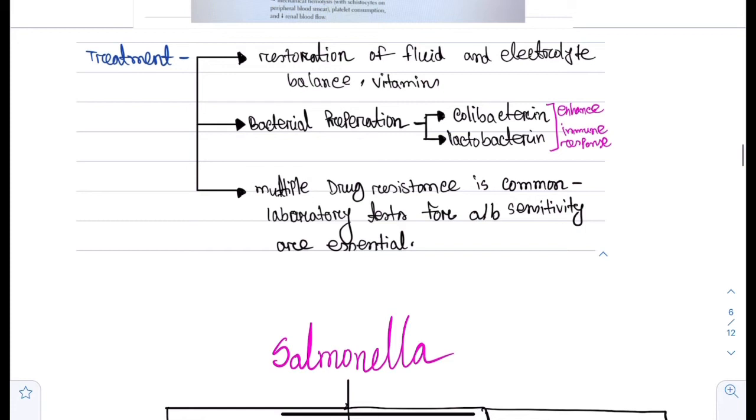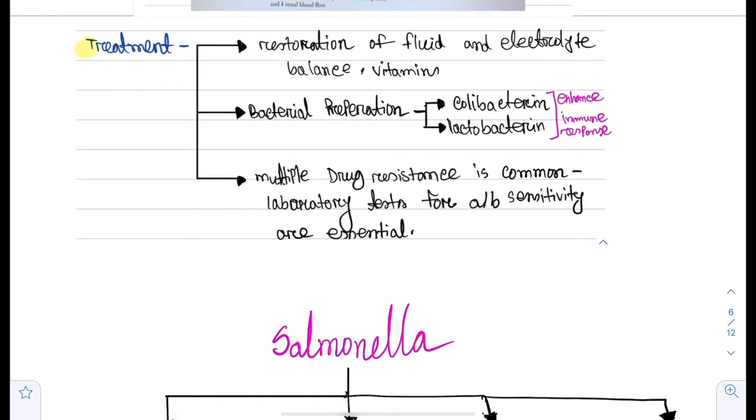So here is the treatment. As I said in the beginning, as we are losing more fluids, the patient needs to get more electrolytes, and also more vitamins and fluid. So the patient needs to drink more water.